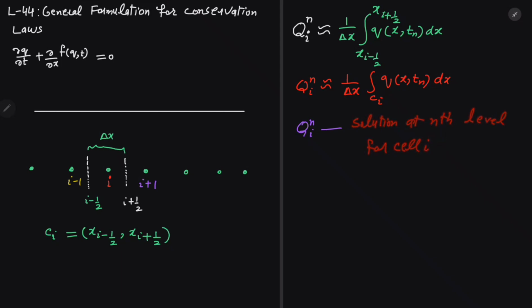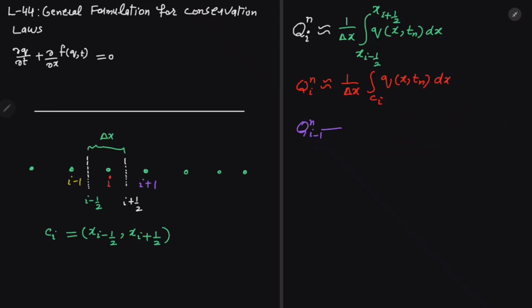Similarly, Q_{i-1}^n means the numerical solution at nth level on cell i minus 1.